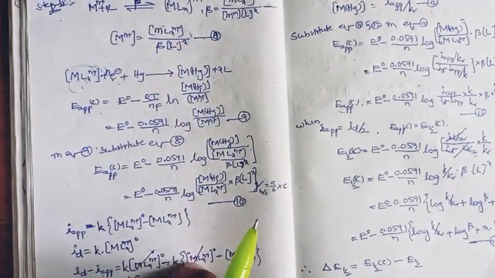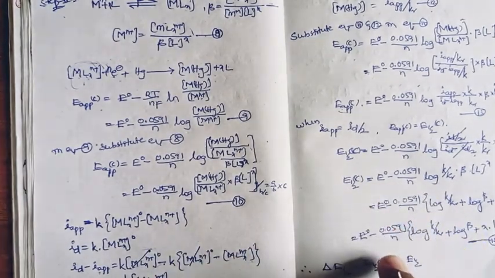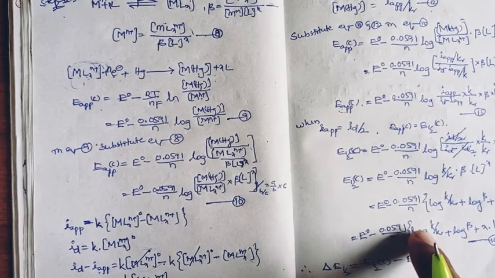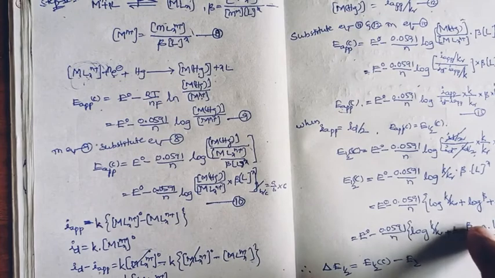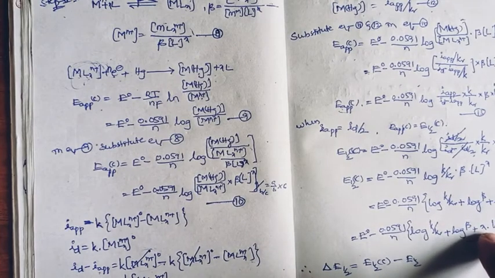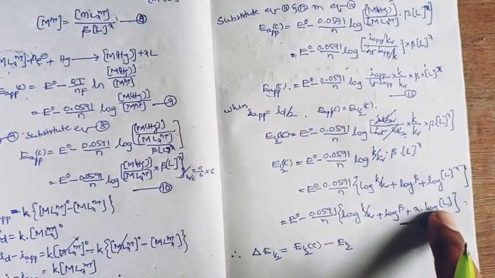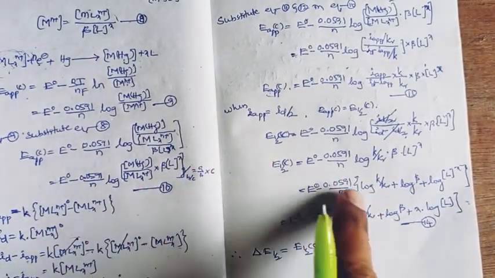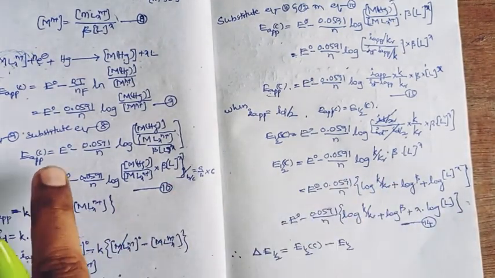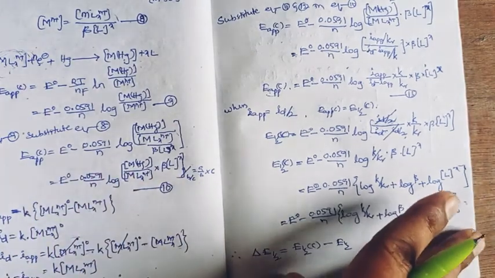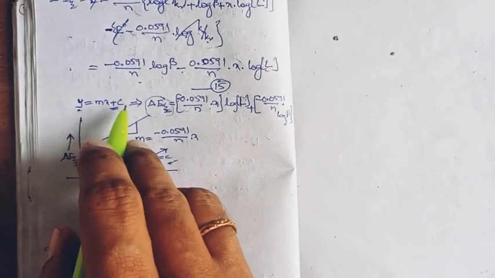When we summarize, it gives the complex half-wave potential as E naught minus 0.0591 by n into log of k by kr plus log of beta plus x into log of concentration of ligand. Subtracting one from the other, that is, subtracting the simple metal ion half-wave potential from the complex half-wave potential, gives the equation y equals mx plus c.